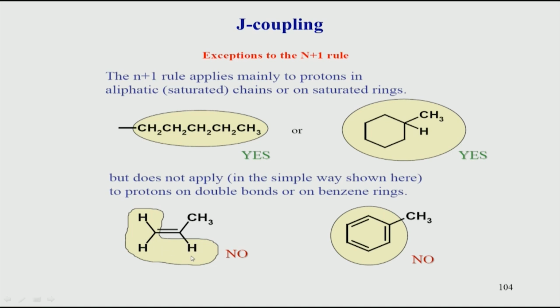That means you may expect this hydrogen to be a triplet, but that is not correct, because the coupling of this hydrogen to this hydrogen is not the same as the coupling of this hydrogen to this hydrogen. Therefore, this hydrogen will show a doublet because of this and another doublet because of that. So, a doublet of a doublet will come for this particular hydrogen and not a triplet, that is 1:2:1, which is what you expected if you use the n plus 1 rule. So, these are examples of how the n plus 1 rule sometimes applies and sometimes it does not apply.